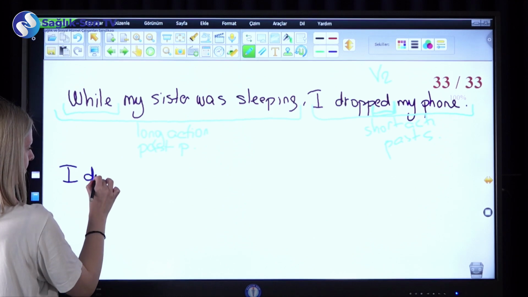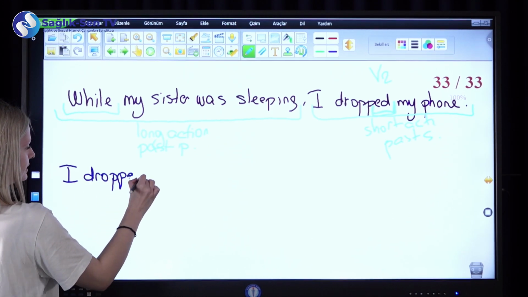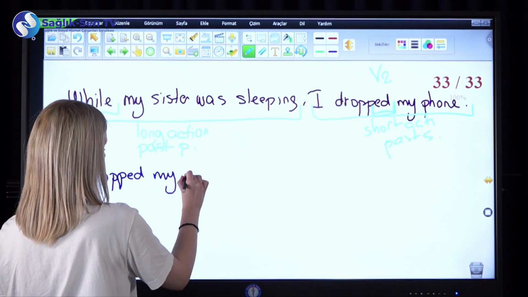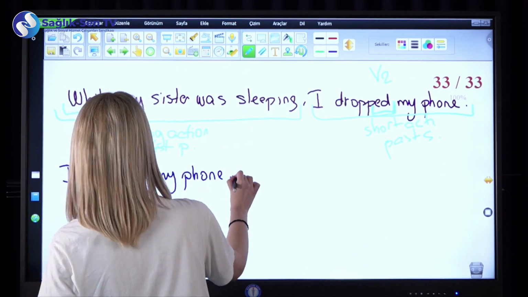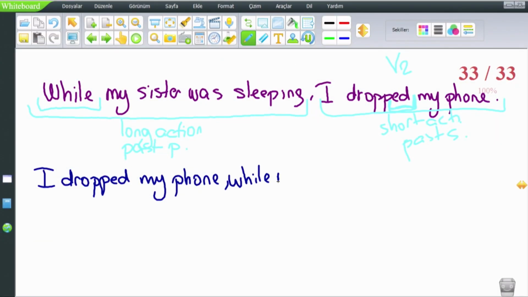I dropped my phone while my sister was sleeping. You can change the order of the sentences. It doesn't matter as long as they are the same.